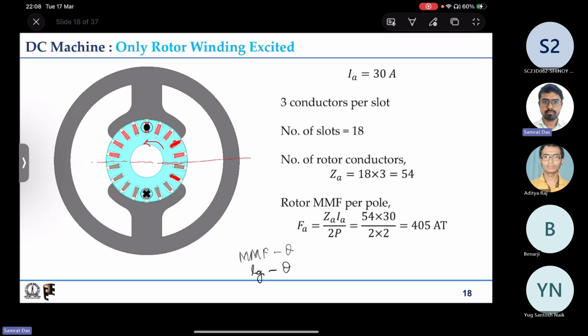It may not be quantitative. And then at a given theta, if you know the MMF, you divide it by Lg and multiply by mu naught, then you will get the B at that theta. That is how to get it.